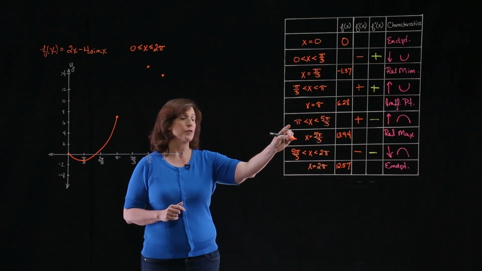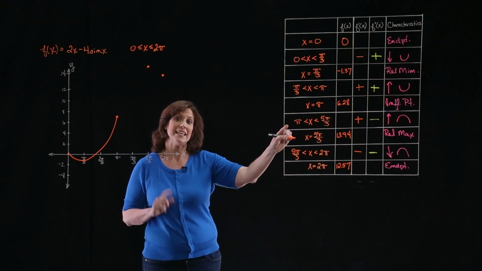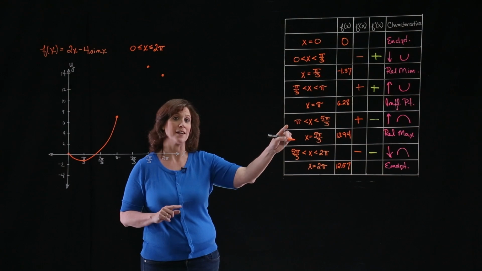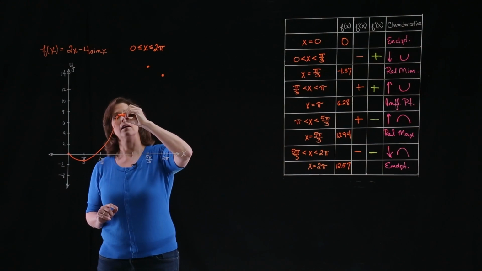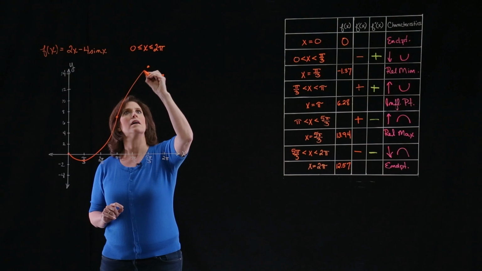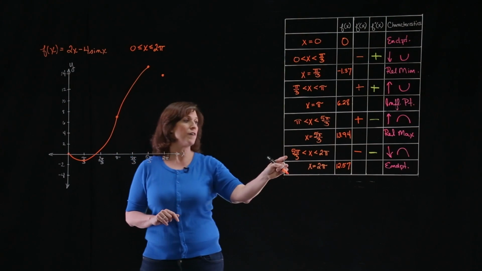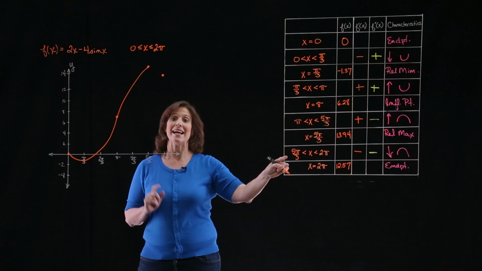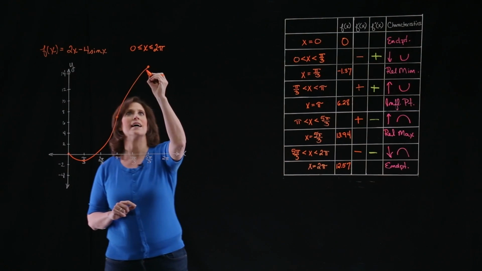Between pi and 5 pi over 3, I continue to increase, but now I switch to concave down. And then from 5 pi over 3 to 2 pi, I decrease, but I'm still concave down.